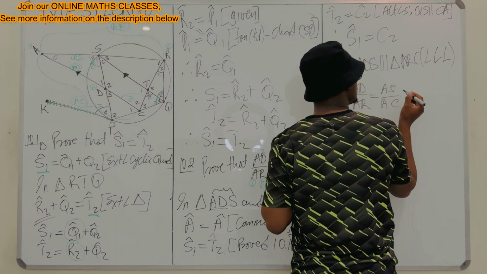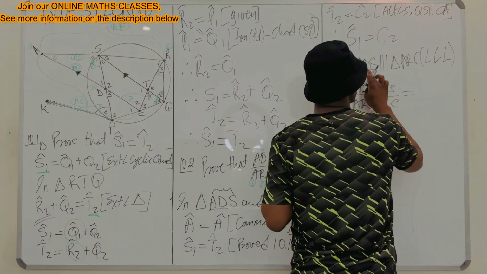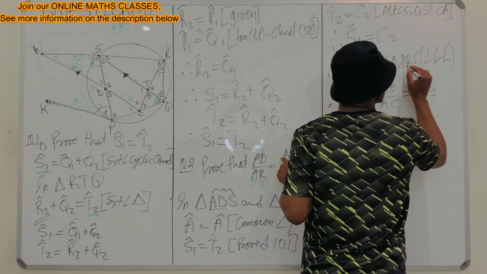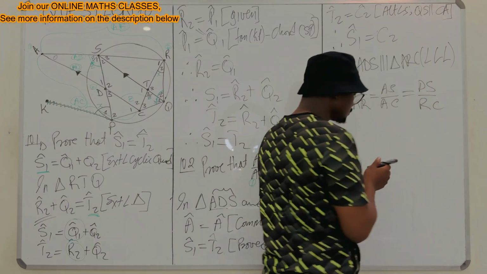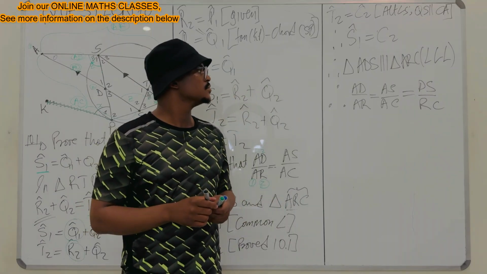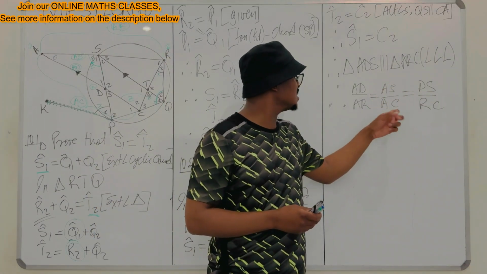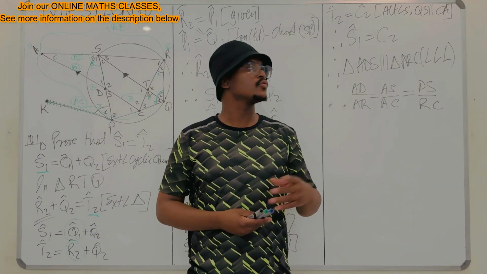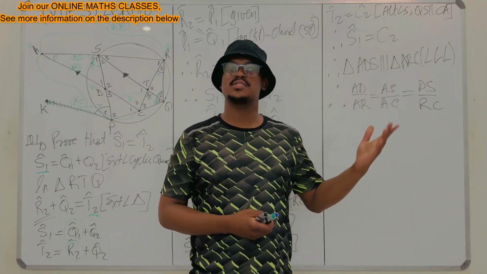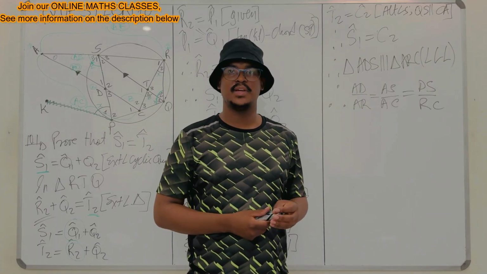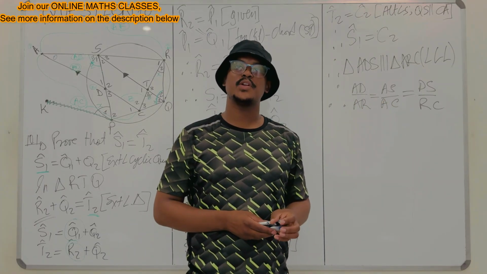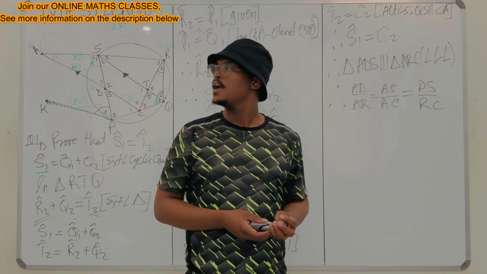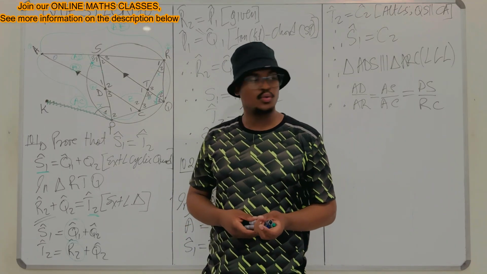Which is what they want to prove. Also, just to be extra, your DS is equal to your RC. But you don't have that. You just need the first part. But in order for you to do this, you need to show that these two triangles are similar. And they are similar. Therefore, the ratio of the corresponding sides are going to be equal. And we're done with 10.2.